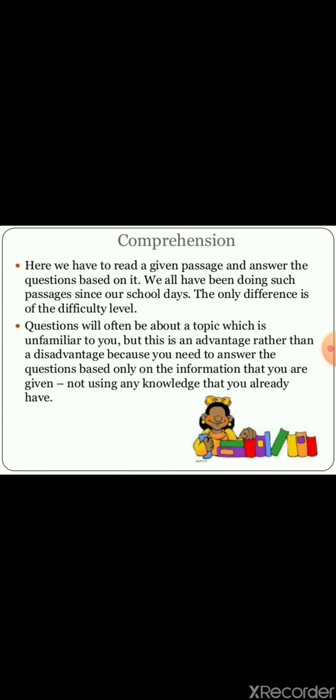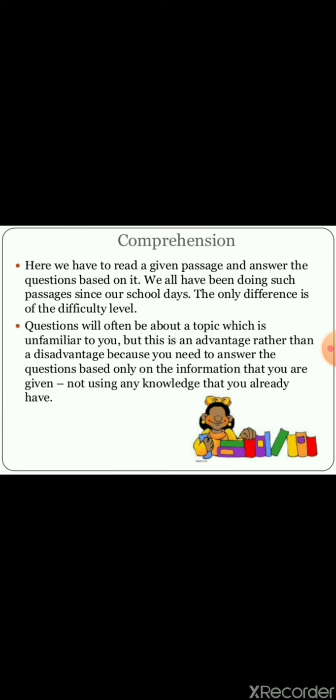confusing. Questions will often be about a topic which is unfamiliar to you. Yes, that is why it is called ability to understand something. But this is an advantage rather than a disadvantage, because you need to answer the question based only on the information that you are given, not using any knowledge that you already have.